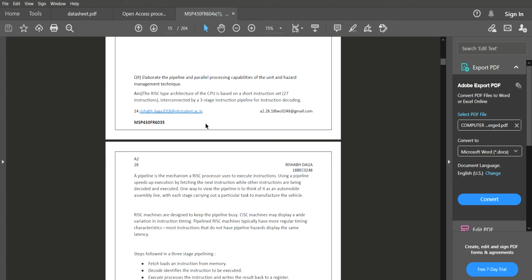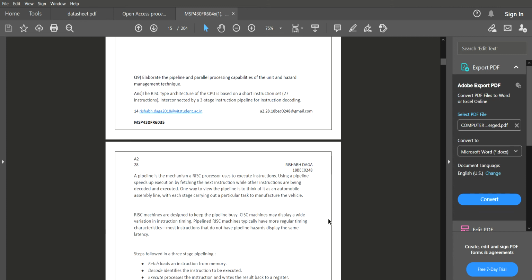Now the pipeline and parallel processing techniques. A pipeline is the mechanism the RISC processor uses to execute instructions, and parallel, as the name suggests, is one or more tasks being done simultaneously at the same time. Now the RISC machines are designed to keep the pipeline busy, and RISC is the reduced instruction set architecture, and CISC is the more complex one.